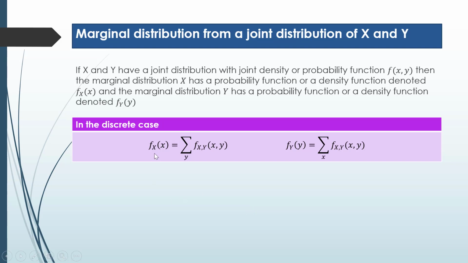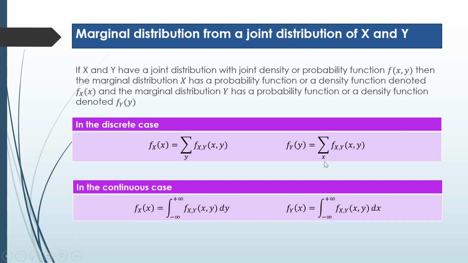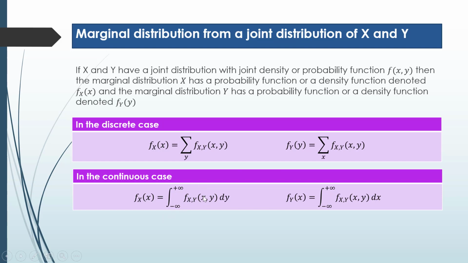In the discrete case, we basically sum the joint distribution over all values of y for the marginal distribution of x. And for the marginal distribution of y, we sum up the joint distribution over all values of x. And in the continuous case, we basically do integrals instead of summation.